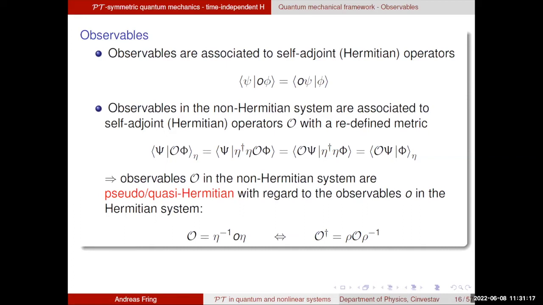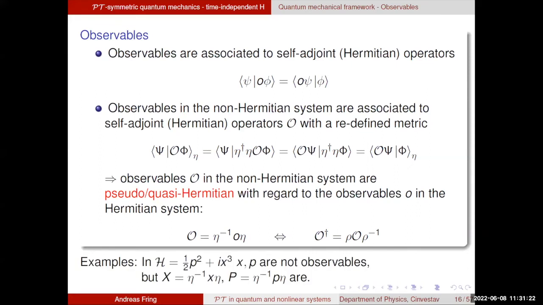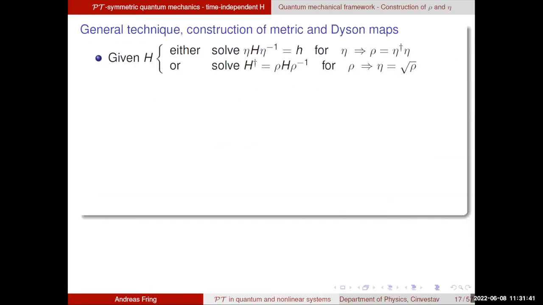So the observables are different types of objects. And this is just what I said for this example. So this capital X is observable, and this capital P is now observable in your non-Hermitian system. So one should be careful when one talks about the physics now in this non-Hermitian system. The measurable quantities are different.